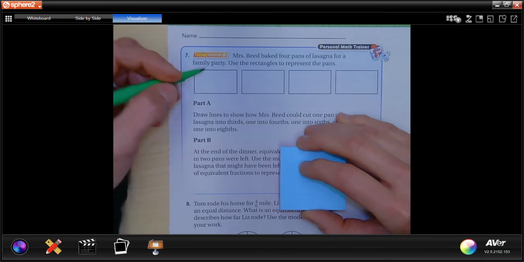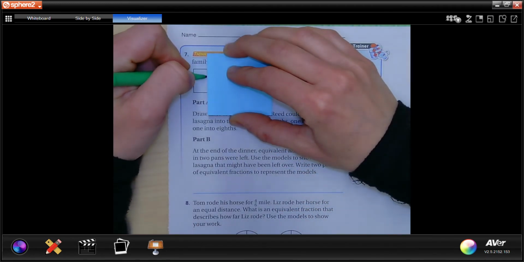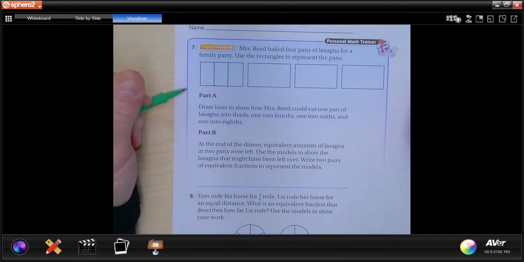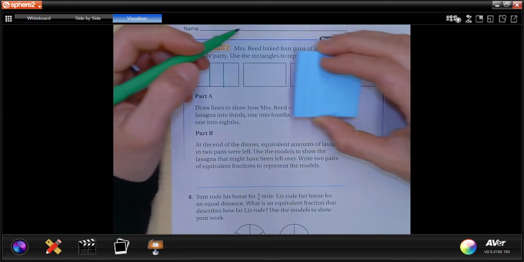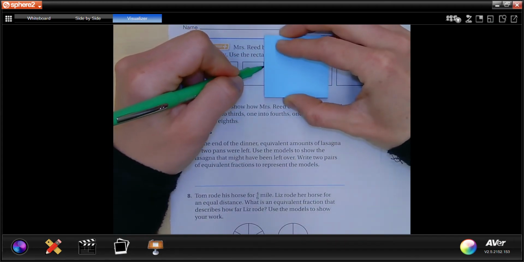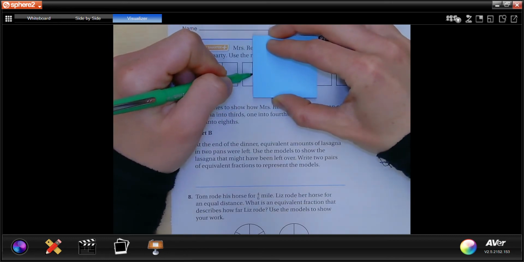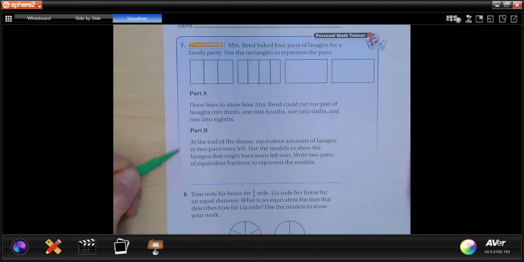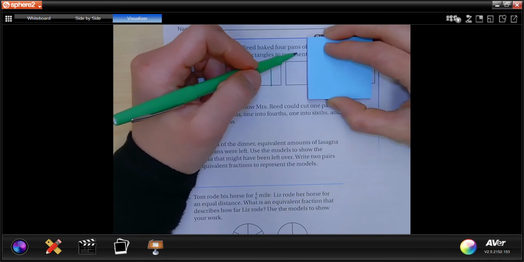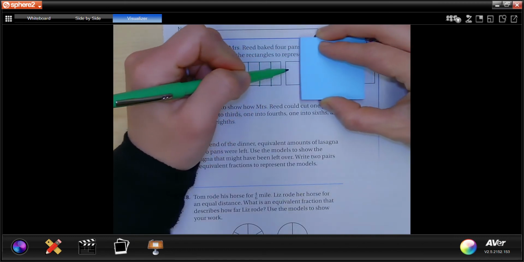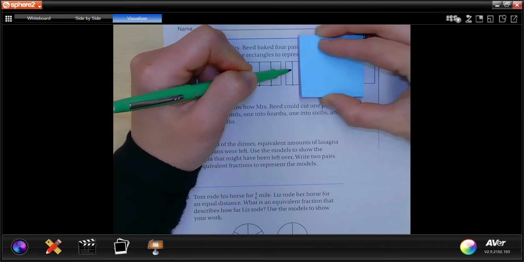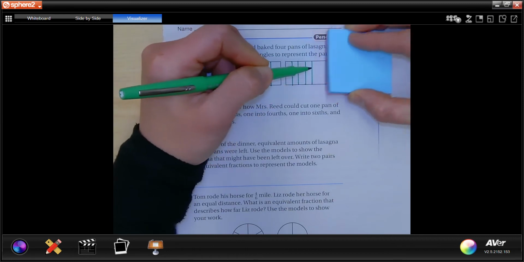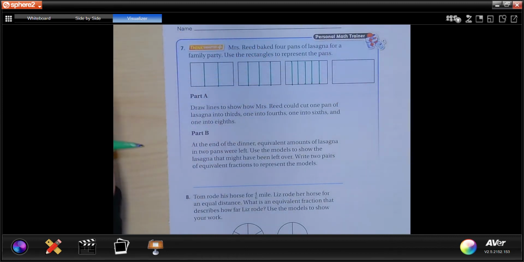Let's cut our first pan into thirds. Okay. 1 into fourths. One into sixths. 4, 5, 6.